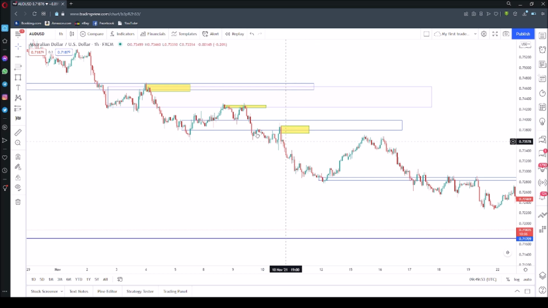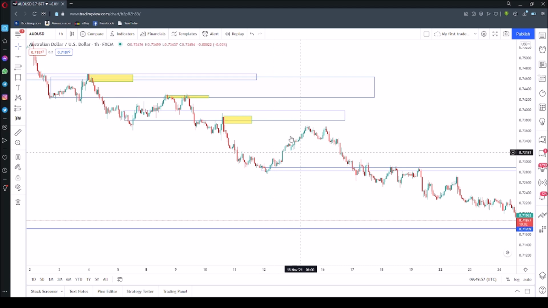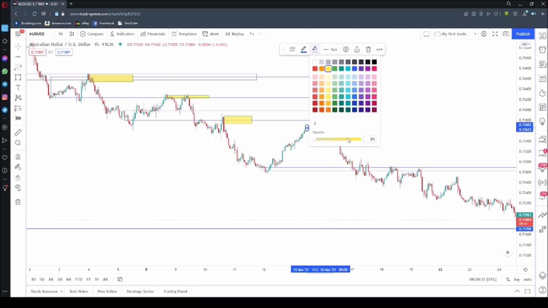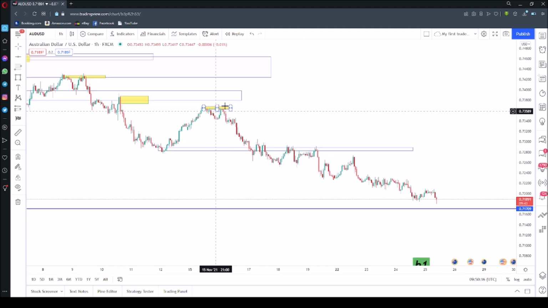There was no entry point. At this point, the market attempted to reach the H4 order block, and it was also another point for us to look for an entry. Therefore, there was a valid setup here.